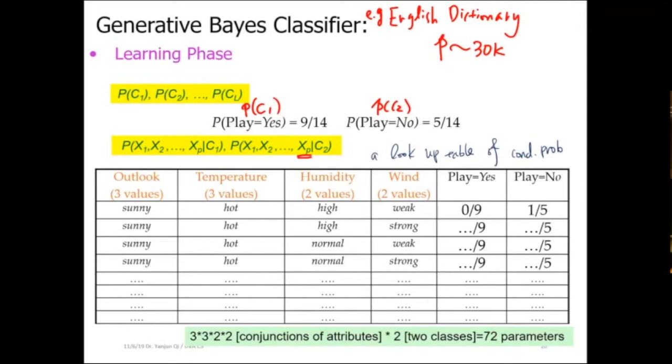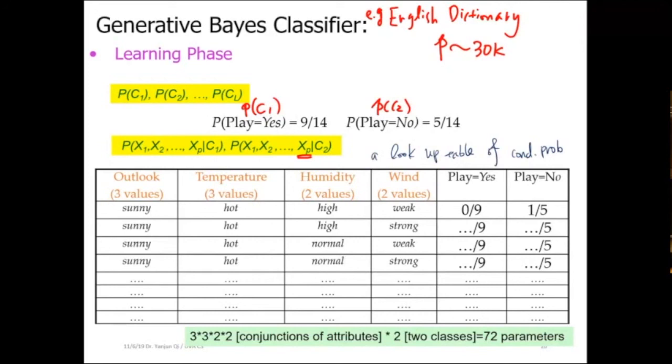How many probabilities do you need to get in that case? First word, two combinations, exist or not. Second word, exist or not. Third word, exist or not. Until the pth word, exist or not.